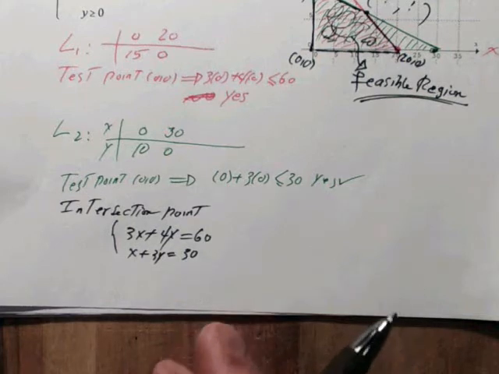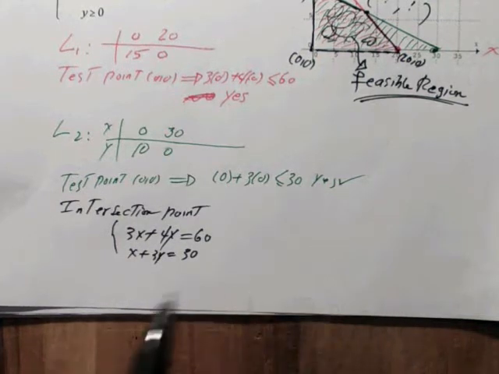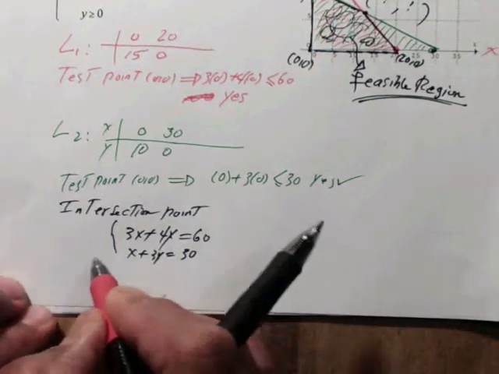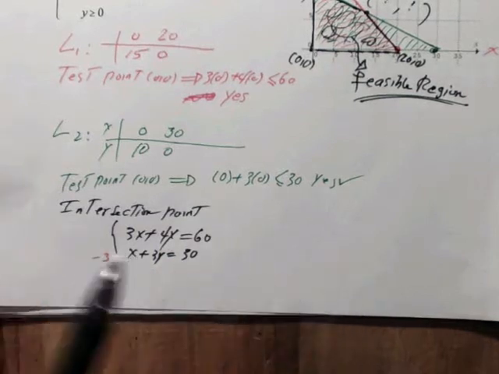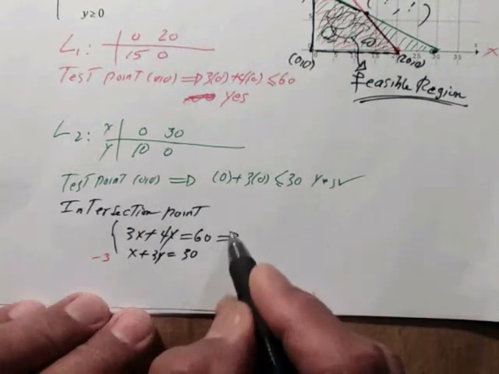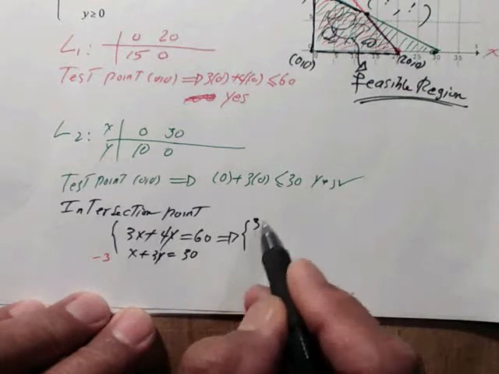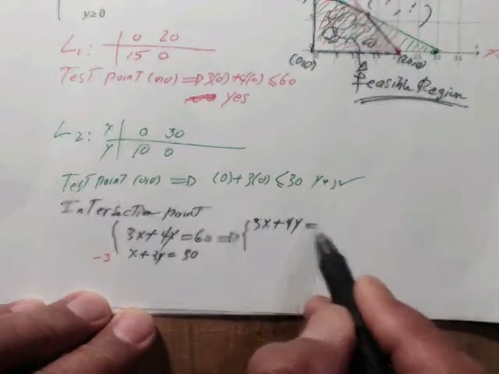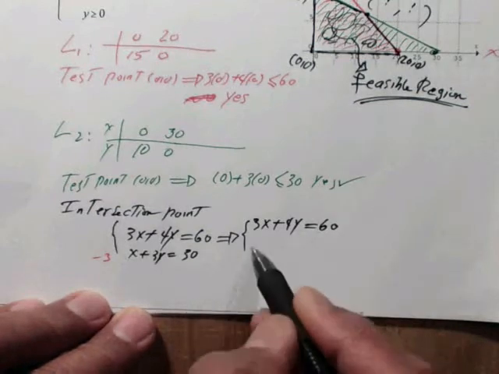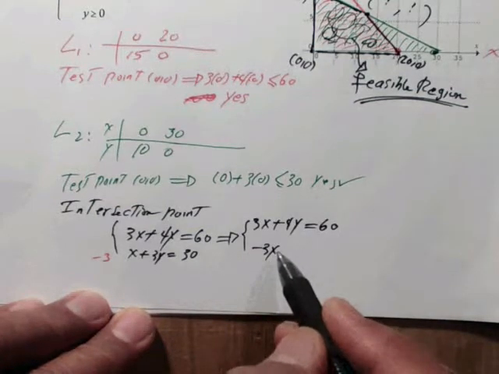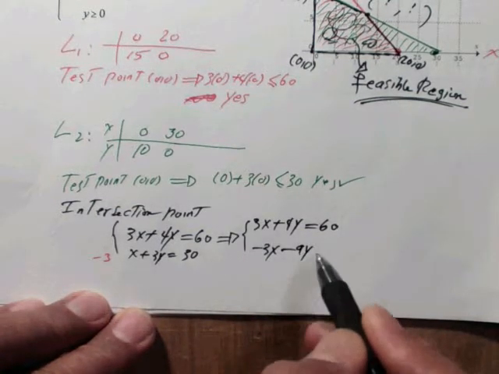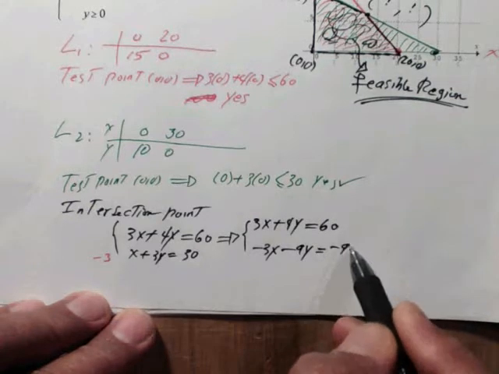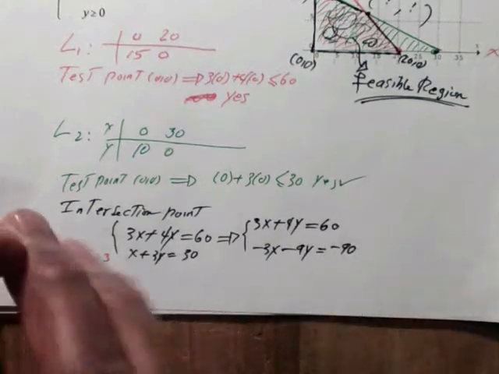And this is easy because all you have to do is multiply the lower equation by negative 3. If you do that, you get 3x plus 4y equal to 60, then negative 3x minus 9y equal to negative 90.